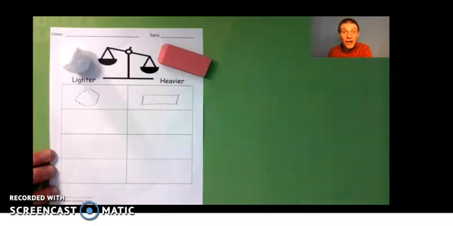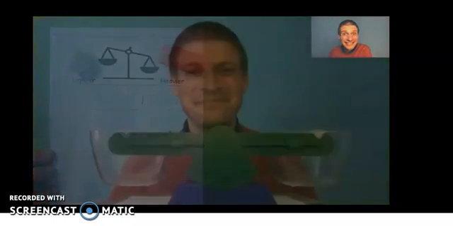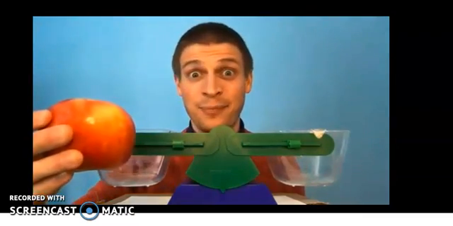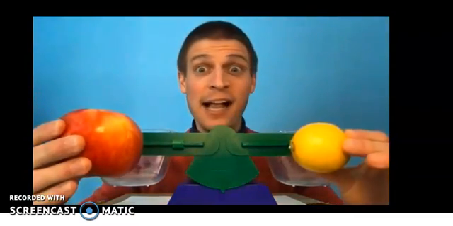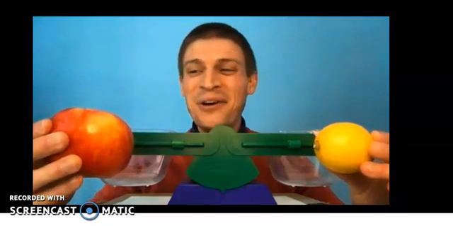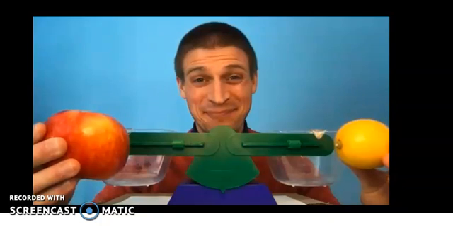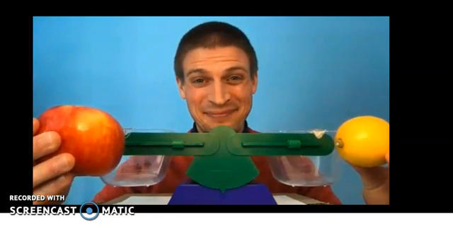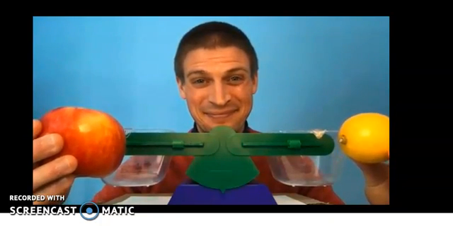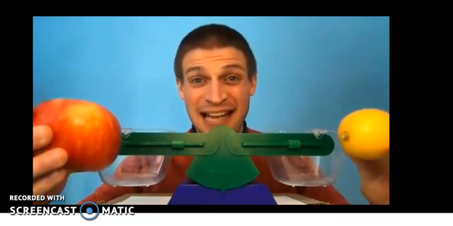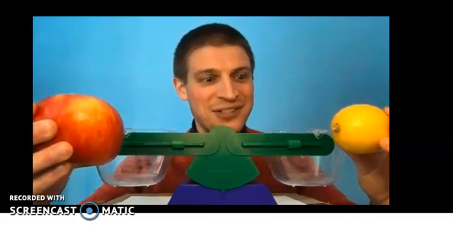Let's compare the weight of two more objects. This time I have an apple and a lemon. Tell your friend, which object is heavier? All right, let's test your guess. I'll put the lemon in first.